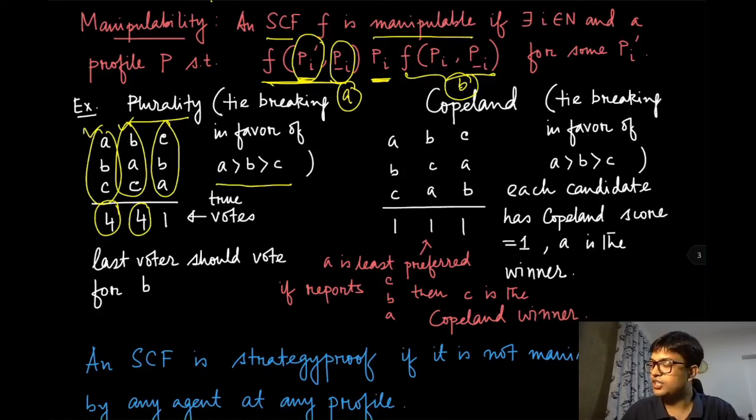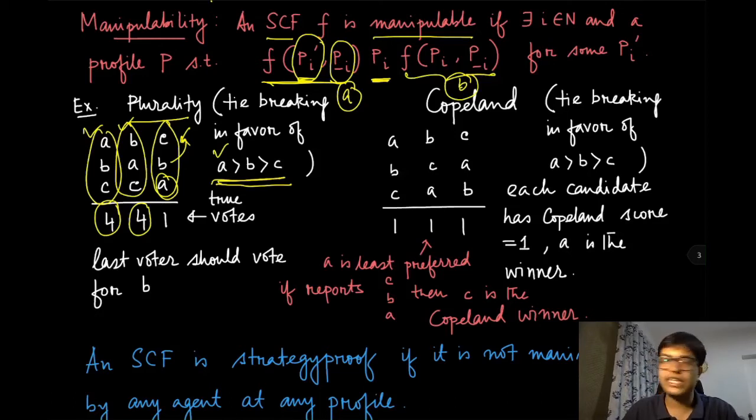Now it sees that if it reports its vote truthfully, then according to this tie-breaking rule, A is going to be the winner, which is its worst preferred alternative. Instead, if it changes its preference and votes for B, then what it gets is at least better than that.